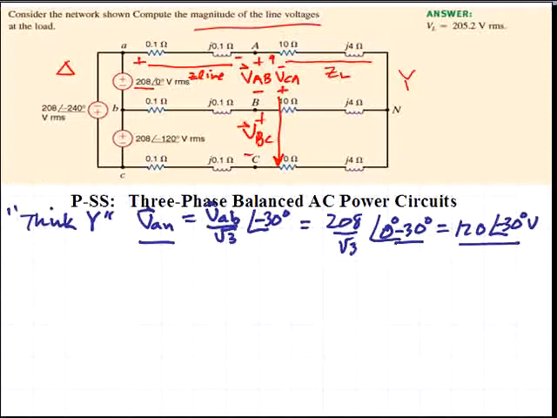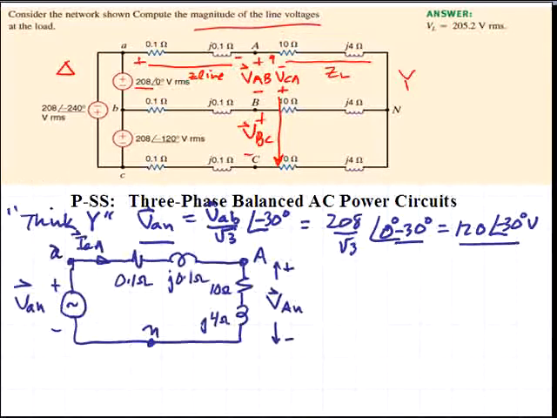So the equivalent Y circuit will be drawn next. So this is the equivalent circuit for the A phase. We have the phase voltage source VAN, the phase current or line current IAA, the transmission line impedance elements and the load impedance elements, and eventually we want to calculate the magnitude of this phase voltage at the load end, V capital AN.